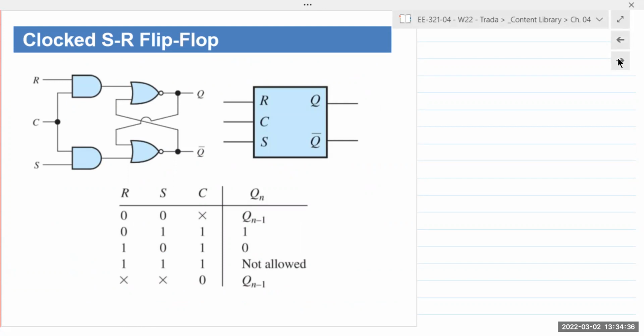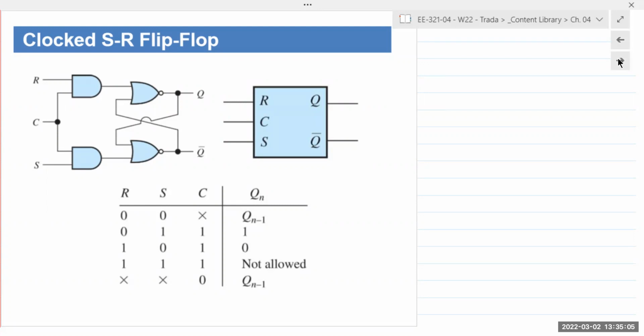The more important reason for a clock is to actually synchronize the entire system to one signal. We want everything to work in synchronicity, right? So when you have a clock signal present, that clock signal determines when a gate is going to turn on and when it's going to turn off, or basically when the gate is going to operate. So the clock signal basically synchronizes everything.